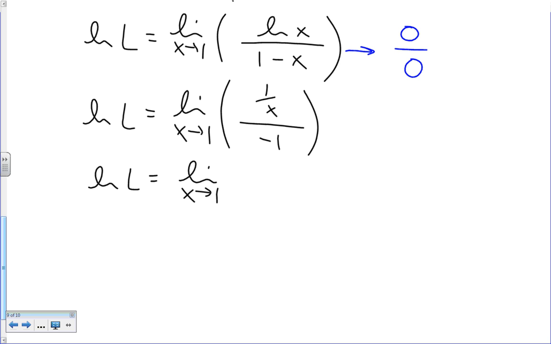Probably, I really don't have to in this case, but I'm going to simplify it as a negative 1 over x. Just move that negative 1 out of the denominator there. And now look at what this is approaching here. This is approaching a value of, if I let x go to 1, a negative 1 over 1, or that's a negative 1.